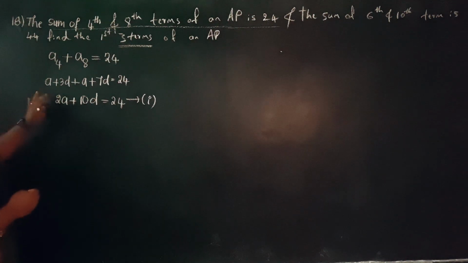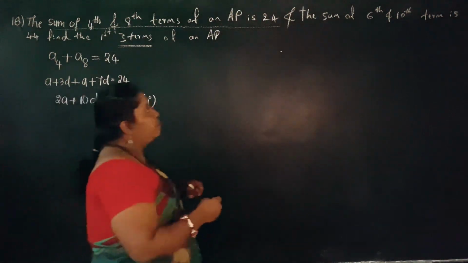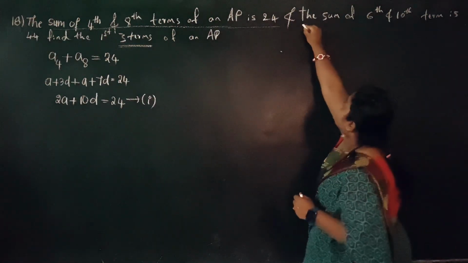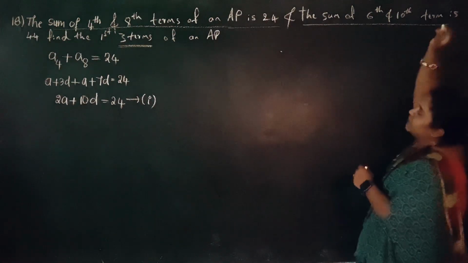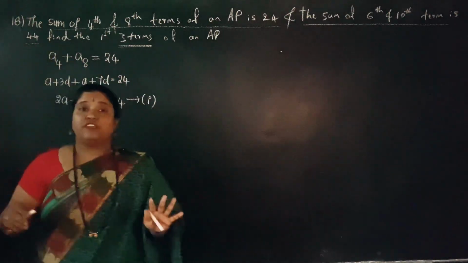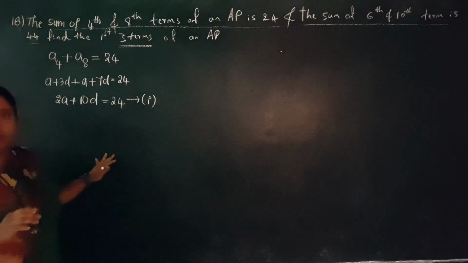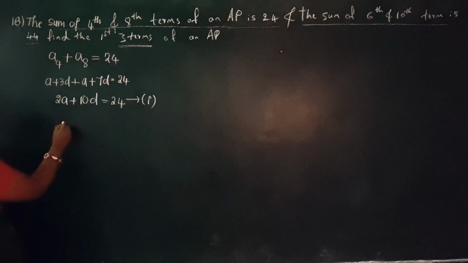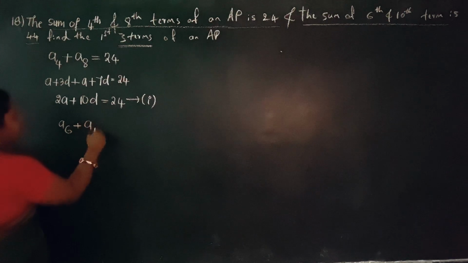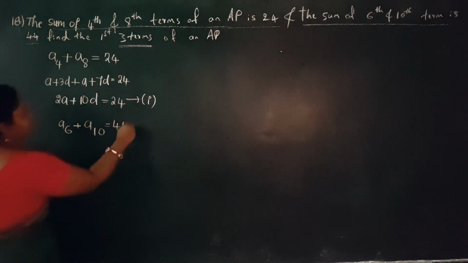Now, we'll calculate the second equation, dear. So what is the second equation hint they have provided? You just see. The sum of the 6th and 10th term is 44. Now again the sum is provided of two different terms. What are they? Look at the board. 6th term and 10th term.